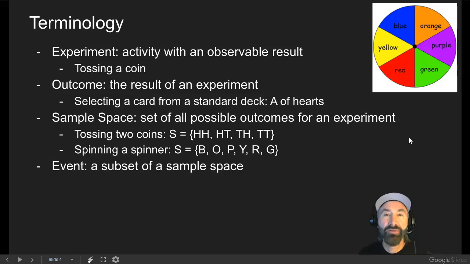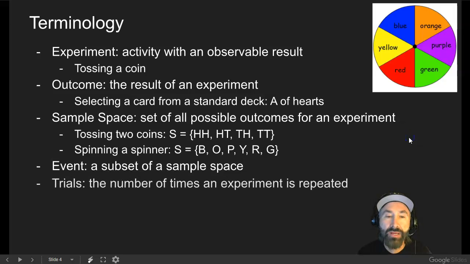Event. An event is a subset of a sample space. So for example, for tossing 2 coins, the event could be that I got a heads and a tails, or a tails and a heads. Yeah, that would be one possible way to say it. Trials. The number of times that an experiment is repeated.